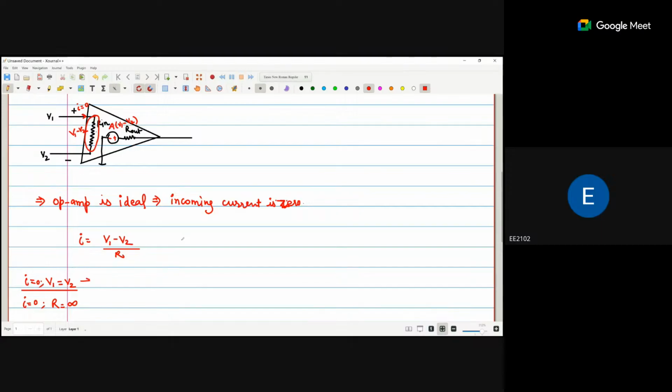So V1 minus V2 being zero, this is called the virtual short point, or it is also called the virtual ground point. Virtual short and virtual ground. And R is infinite, that is called the infinite input resistance.